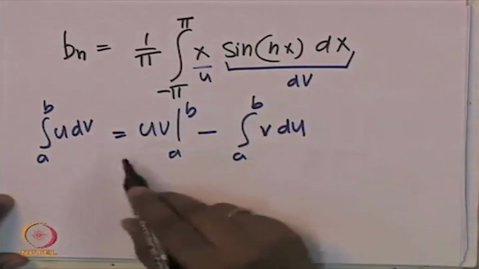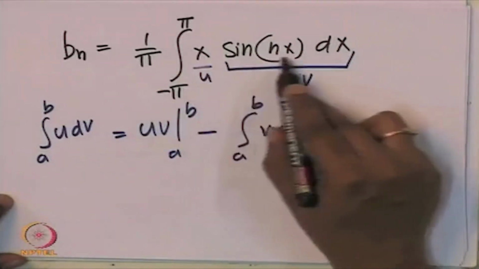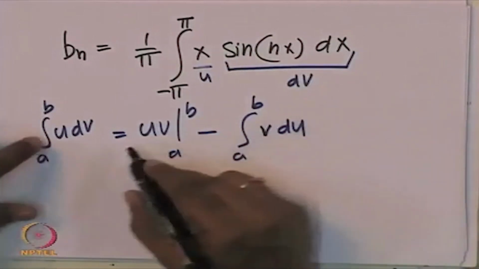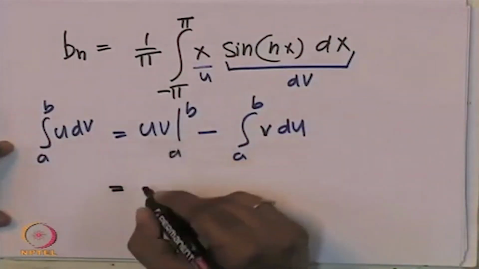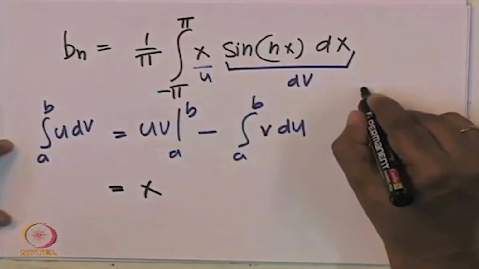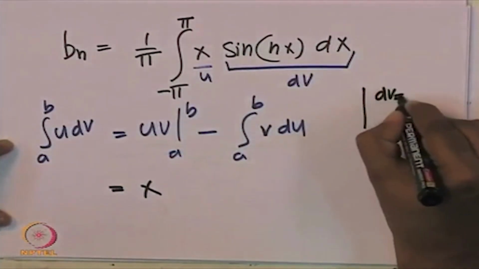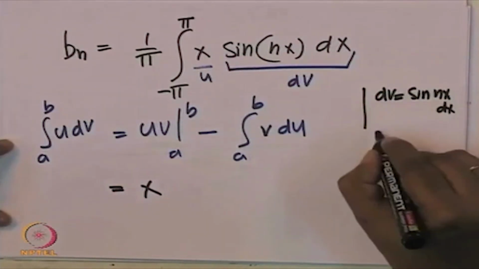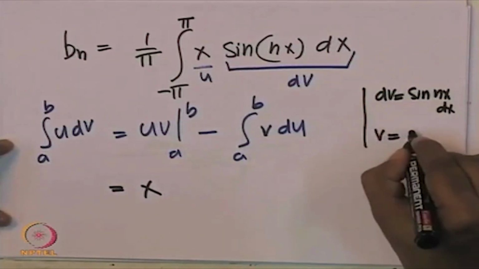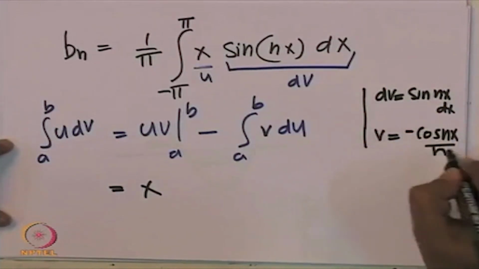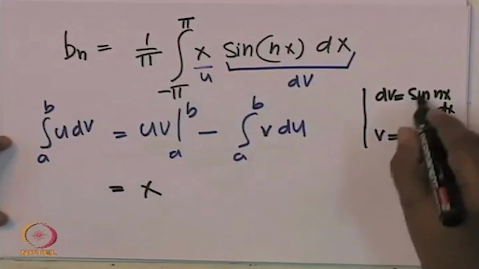If you apply this formula and take x as u and sin n x dx as dv, the answer is u into v, where u is x. If dv is sin n x dx, v has to be minus cos n x by n.